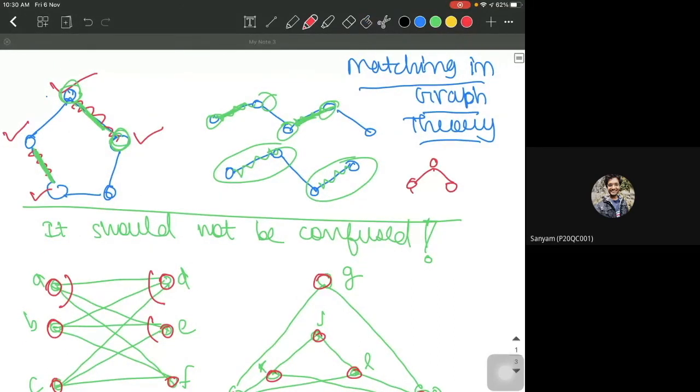Suppose this is the graph, then we have this kind of matching which saturates these vertices and these vertices, or this kind of matching where we consider this as matching, this as matching, and this as matching.